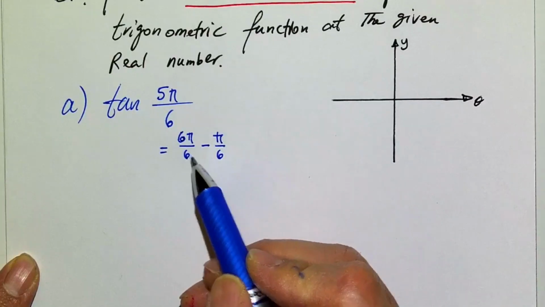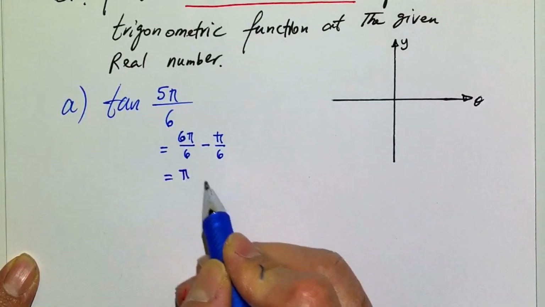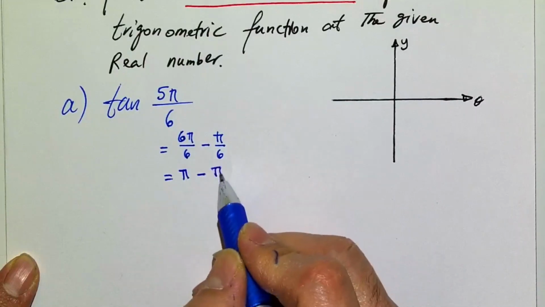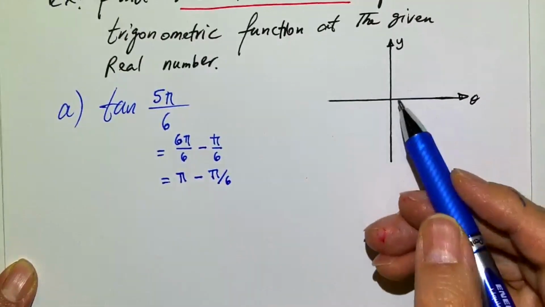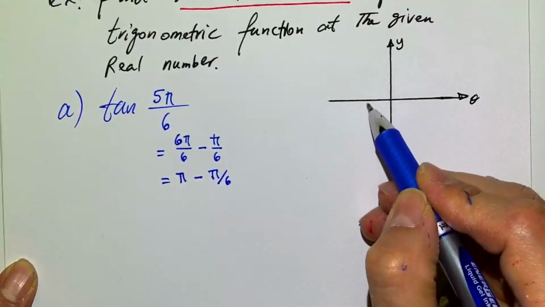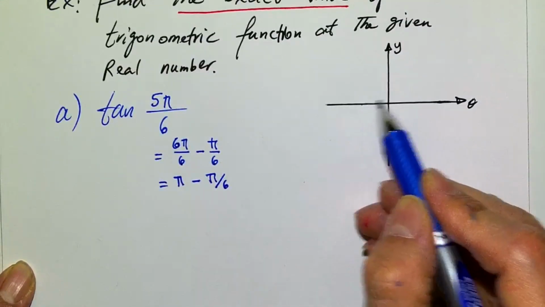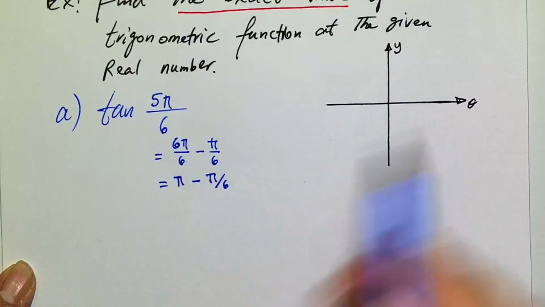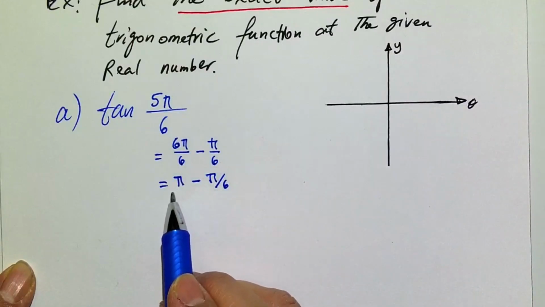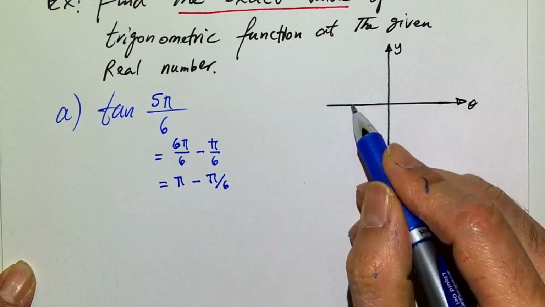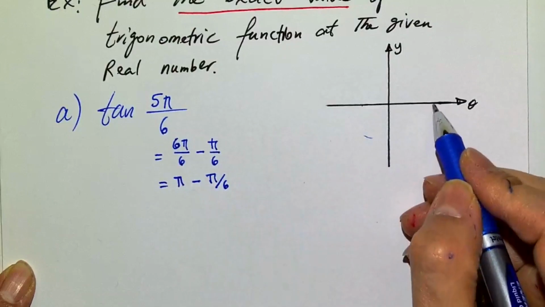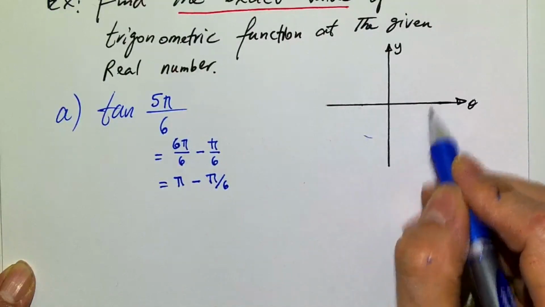So where is this angle? Let's see. Pi minus pi over 6. So now you know that 0 to pi is from here to here. 0 to pi, going in the counterclockwise direction because pi is positive. It's not minus pi. Otherwise, I would go in the clockwise direction. If this was minus pi, I would go this way, clockwise.